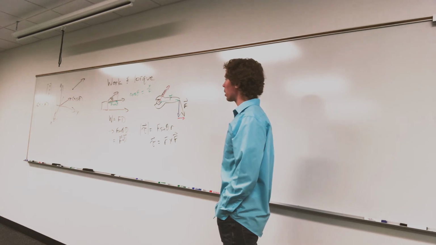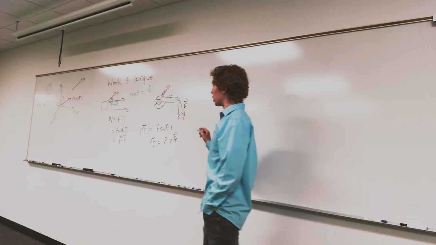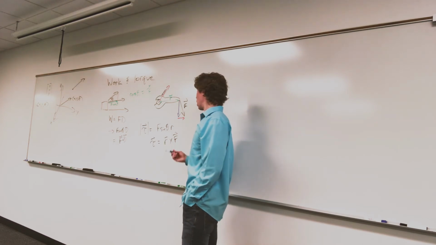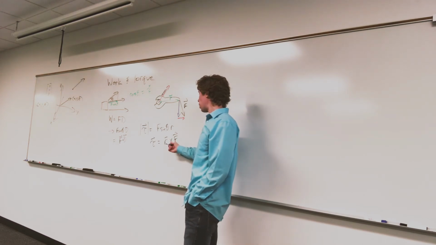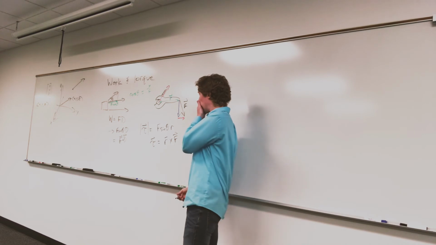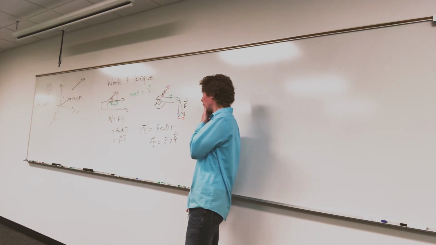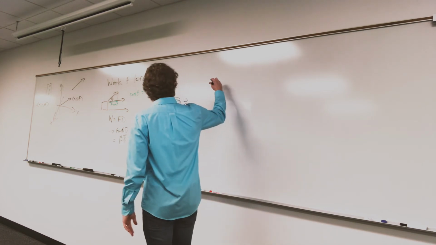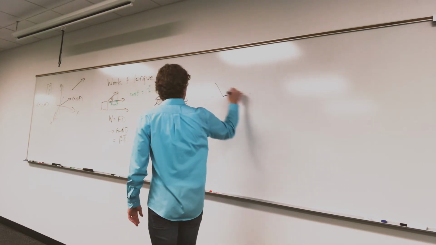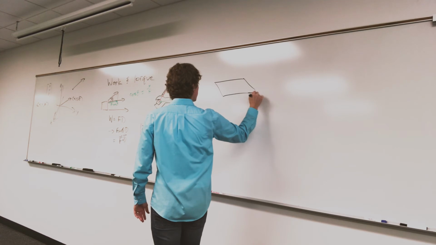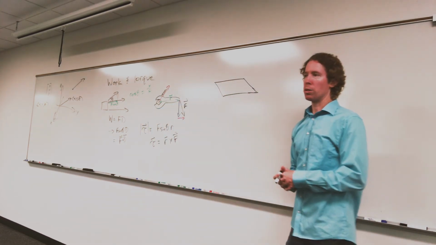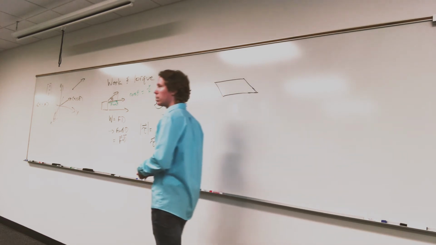All right, I want to mention a couple of other things that these products do for us before we look at the syllabus. Another thing that this cross product will do for us is it will allow us to describe planes. If I want to describe a flat plane in space, this is the 3D analog of a line in 2 dimensions. And lines are really easy to describe.